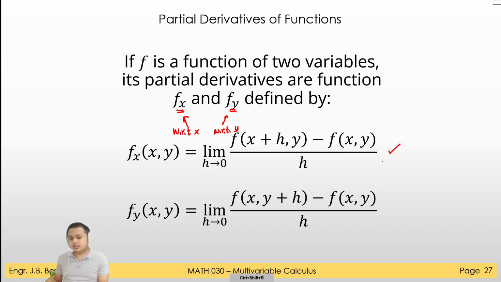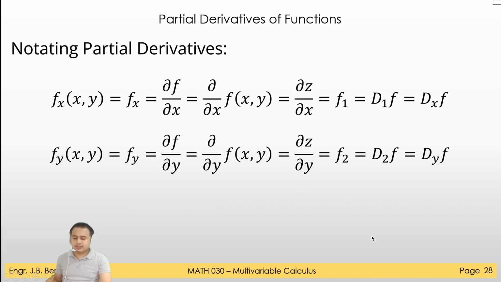So this is the limit definition of a derivative of a function of several variables. I won't discuss this anymore to save a little bit of time, but there are different ways of notating partial derivatives. You can notate the partial derivative of this function in this form, it could be in this form, it could be in this form. There are different ways to show this.